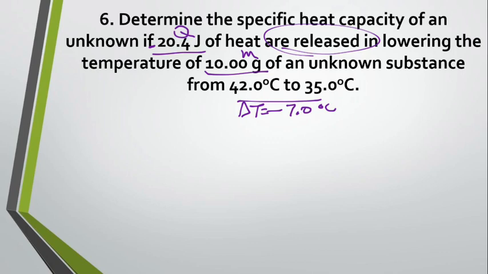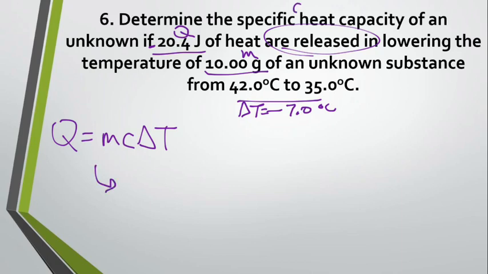So I could go ahead and plug all of this information into Q equals MC delta T and combine like terms and divide by anything that I don't know. I like to rearrange equations when they're small enough for this, so instead I'm going to rearrange this.